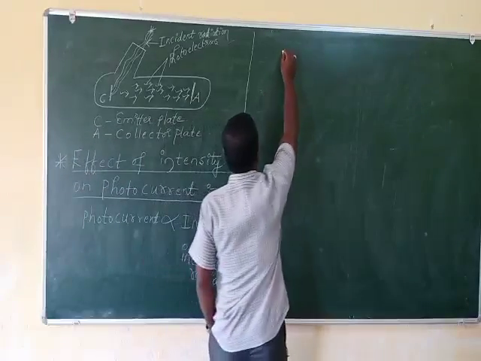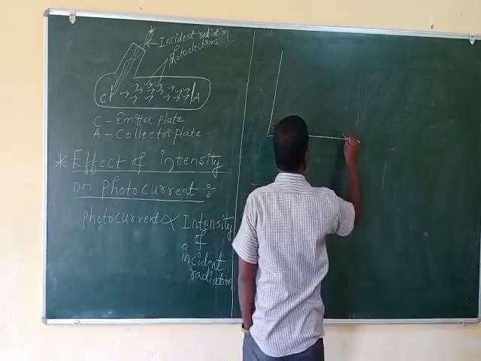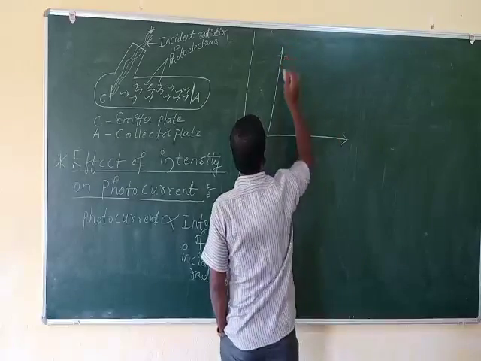So the variation of photocurrent versus intensity is given by this graph.